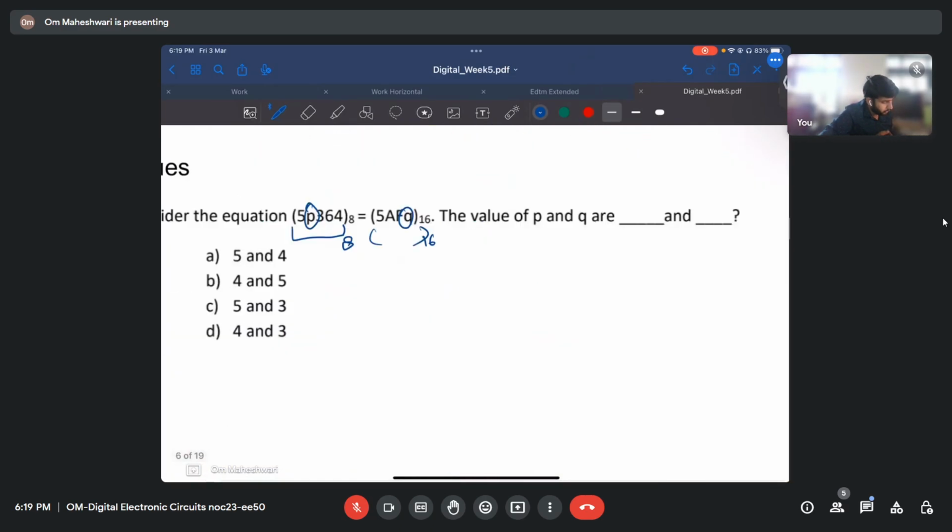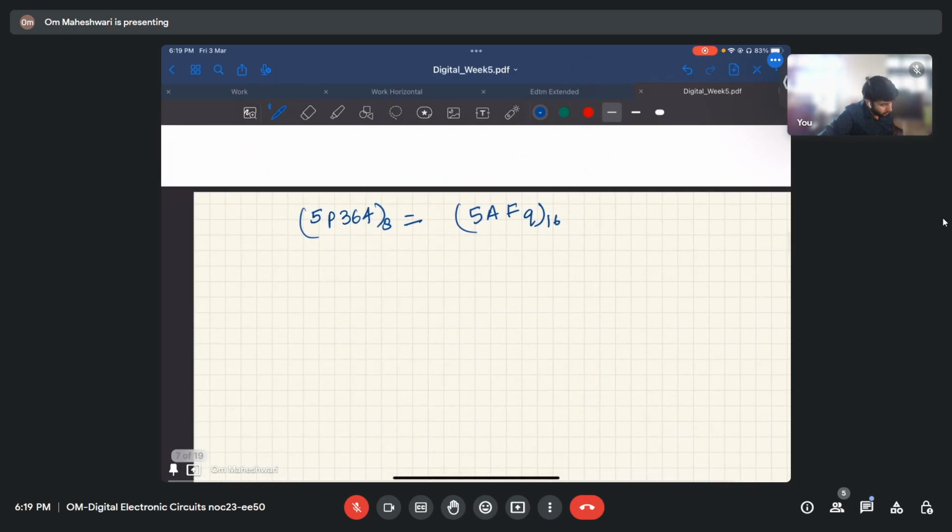What does that mean? If I expand this, it will be 4 into 8 to the power 0 plus 6 into 8 plus 3 into 8 square plus P into 8 cube plus 5 into 8 to the power 4, right?